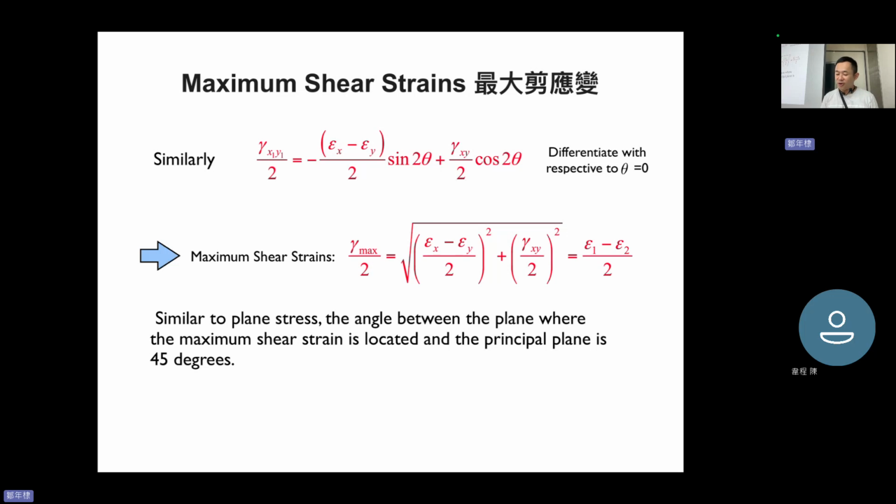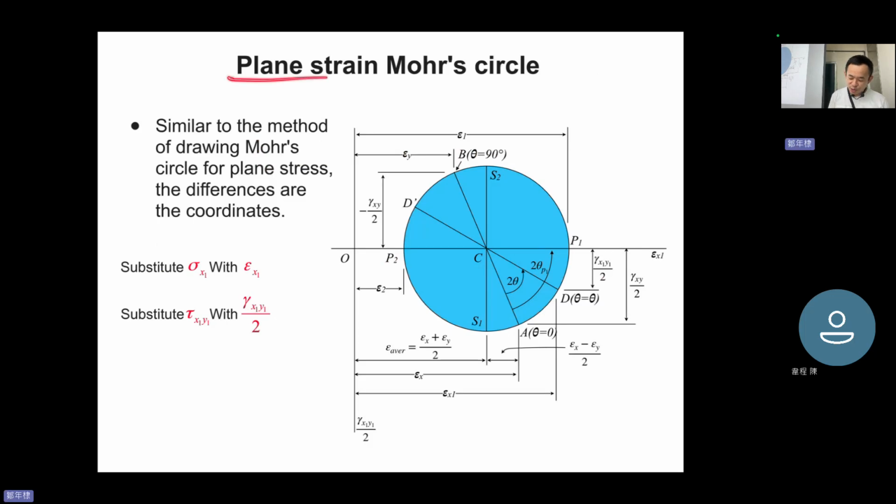Very, very similar. And then you can expect that you will have the plane strain Mohr circle because everything is the same. Everything is the same. And again, epsilon x1 and gamma x1y1 divided by 2 will be positive to the right, positive to the bottom, downward.